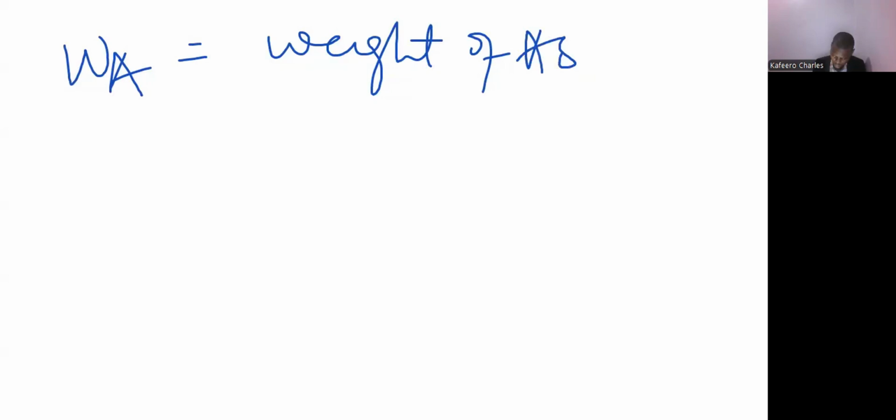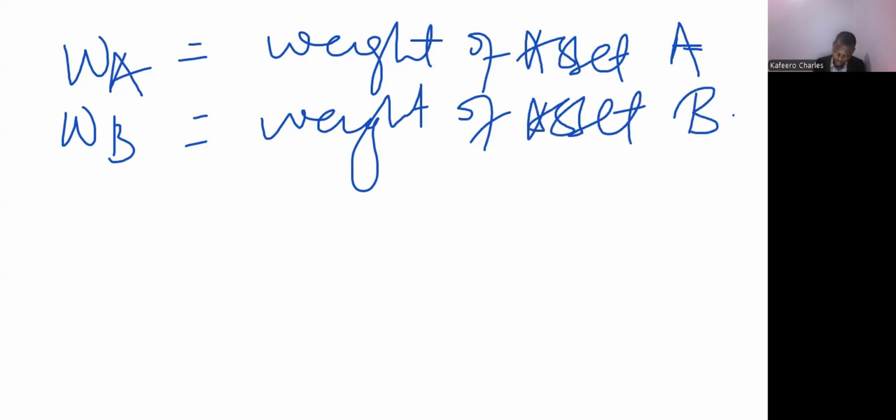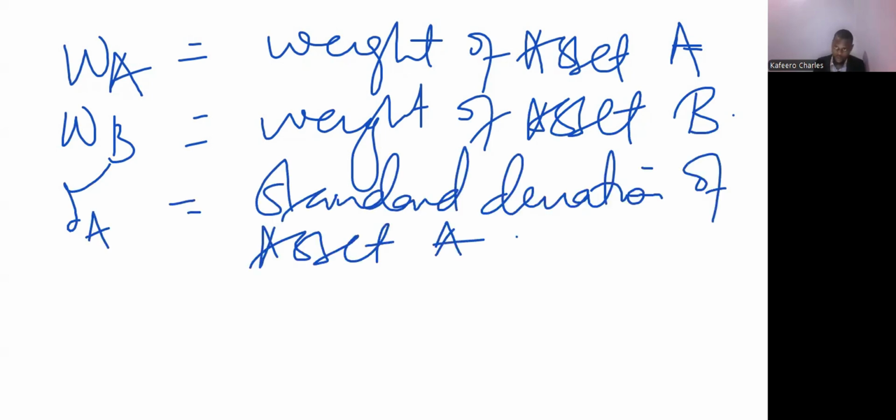Then WA is actually the weight of asset A. This one is not squared. Then WB is the weight of asset B. Then we have also the standard deviation of asset A and the standard deviation of asset B. These are not squared.